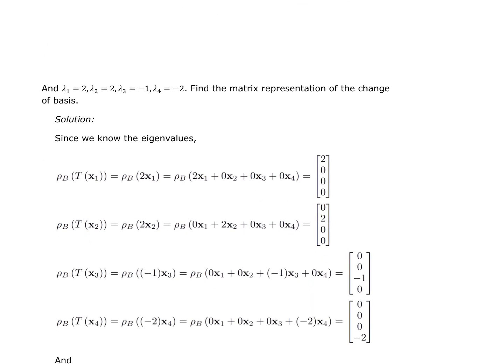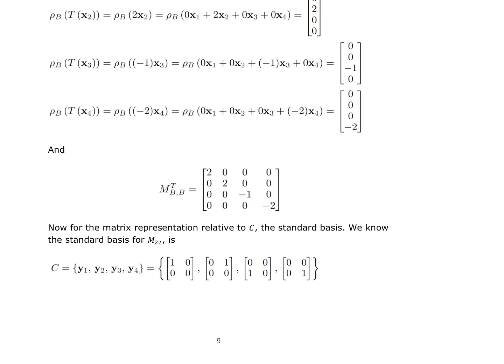And then we have lambda sub 2 times our x sub 2, which is just this. Lambda sub 3 times our x sub 3, which is just this. And my lambda sub 4 times my vector x4, which is just going to give me this. Cool. That's kind of cool.